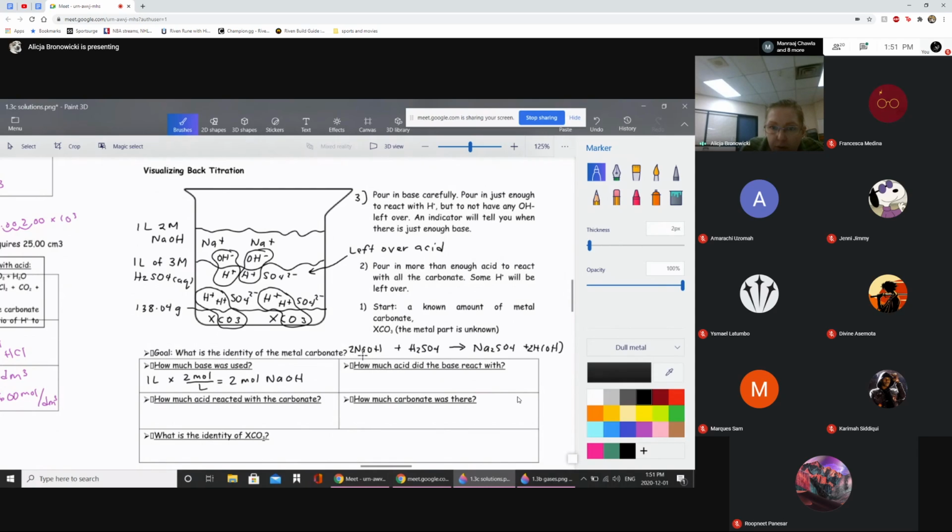Every time I have 2 moles of sodium hydroxide, I get 1 mole of sulfuric acid. So it's a 2-to-1 ratio, 2 NaOH to 1 H2SO4. Therefore, 1 mole of H2SO4 was left over, because that's the amount of H2SO4 that my base reacted with.